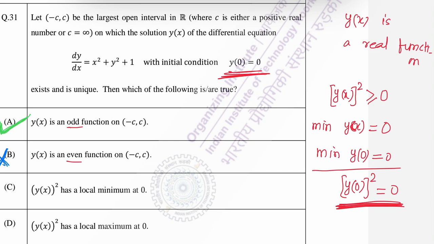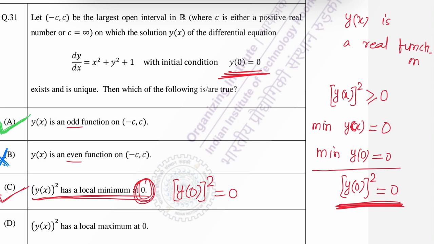So it means that y(x) square has a local minimum at 0, because at 0 you put x equals 0, and I have already proved that it is 0, and that is the minimum. A square of any real number cannot be less than 0. So option C is our correct option.